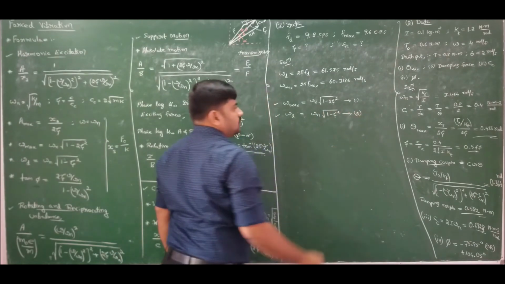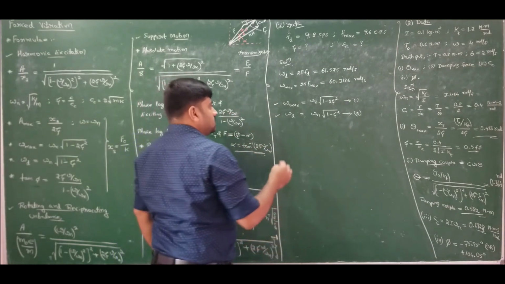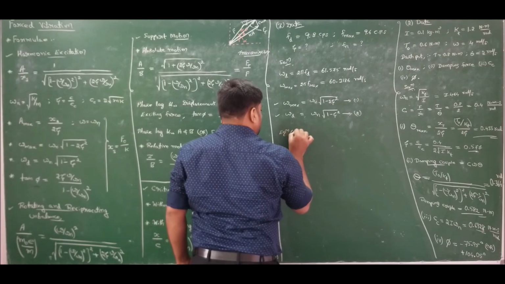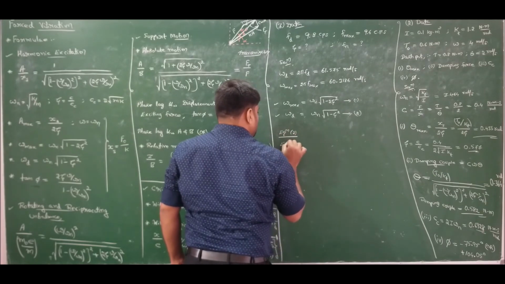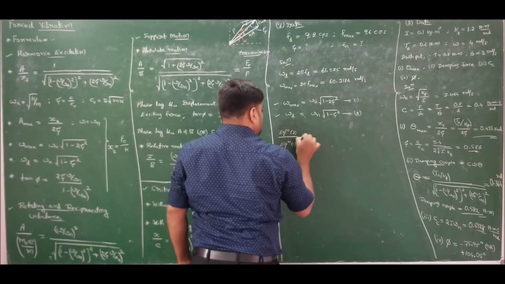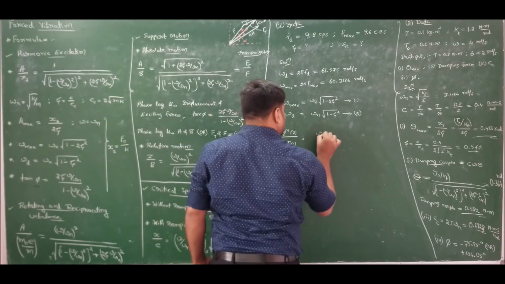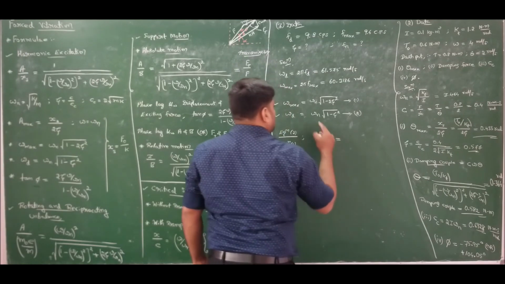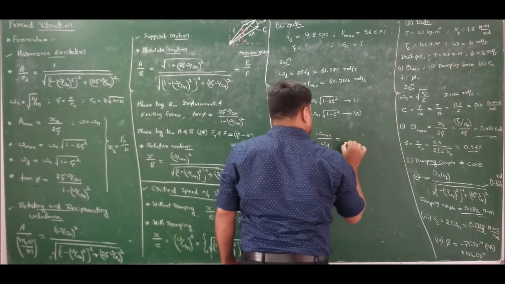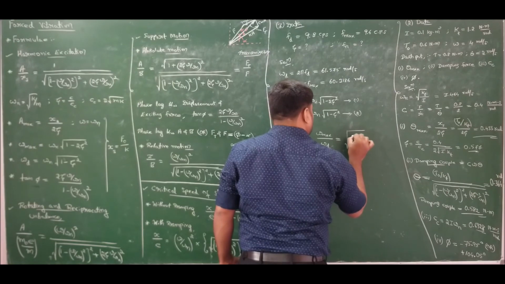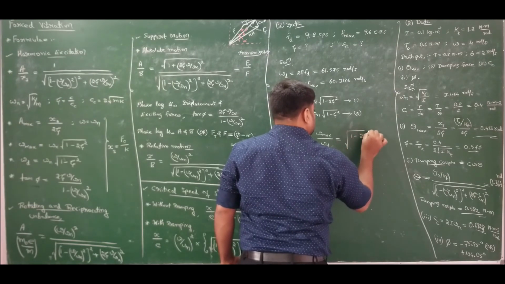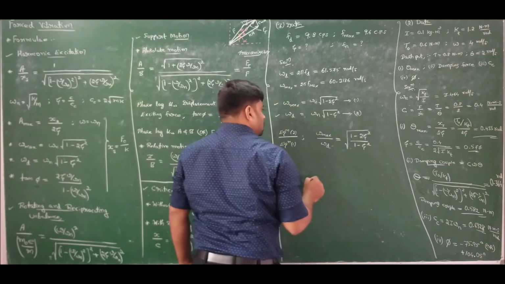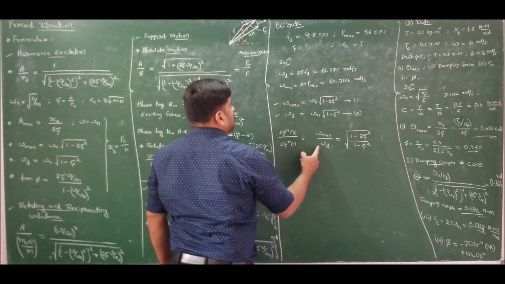Take it as equation 2. Now solve these two equations, that is equation 2 by equation 1. Equation 2 divided by equation 1 yields omega max by omega d. Omega n gets cancelled, and I get the result as root of 1 minus 2 zeta square divided by 1 minus zeta square. Now omega max and omega d are known to us.